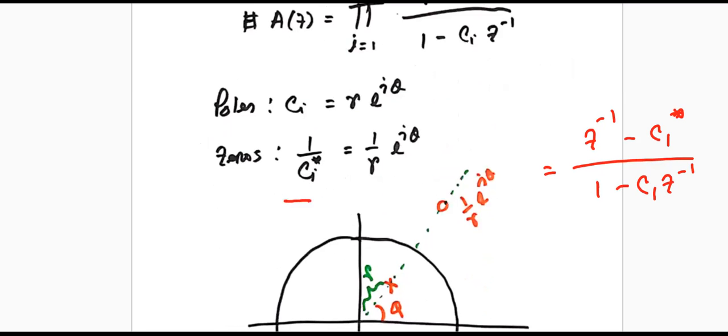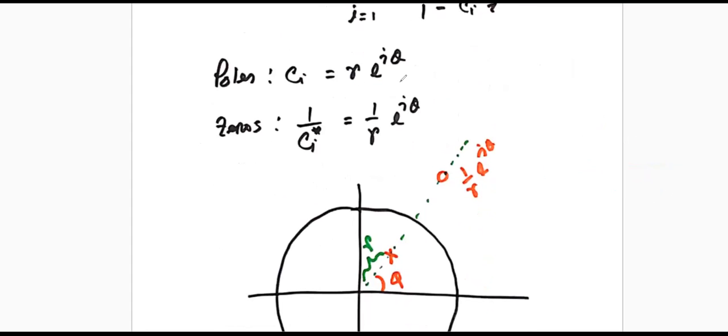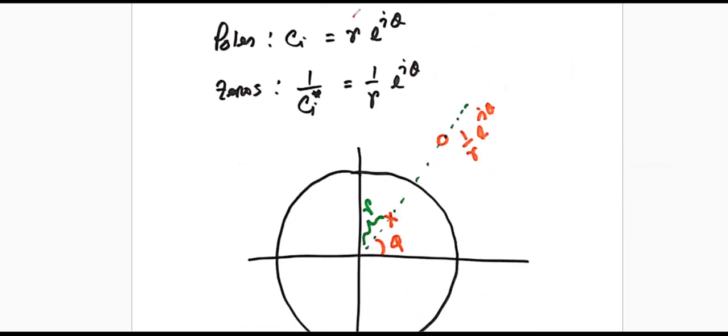This is an example. If this is the pole location, r e to the power j theta, how can we represent that? r is the magnitude and theta is the phase, and since it is positive, that means in the positive direction.